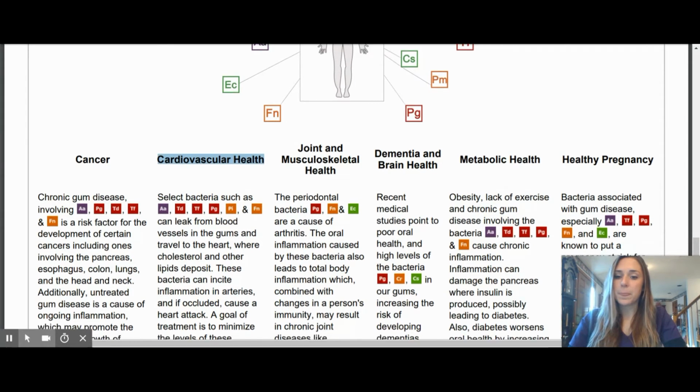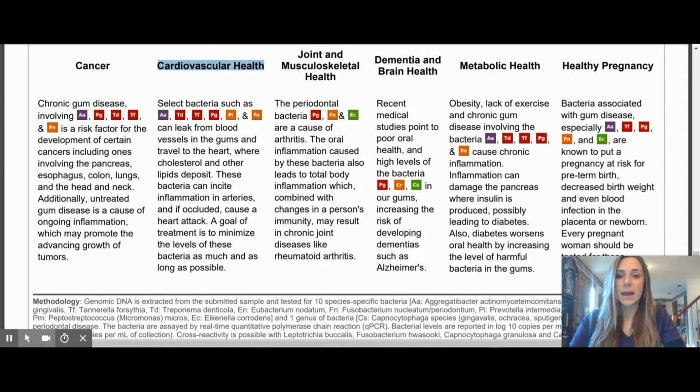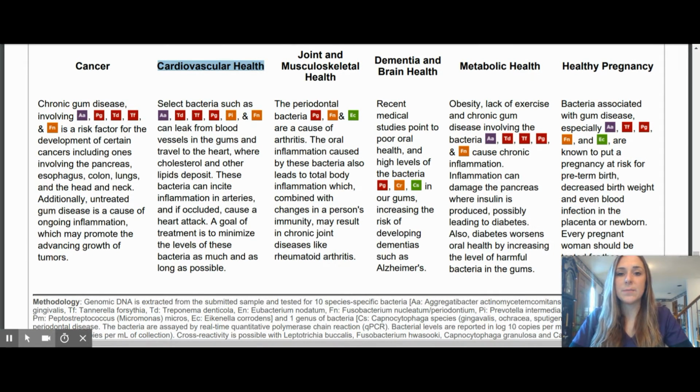And this summary states that these certain bacteria, AA, TD, TF, PG, PI, and FN, are responsible for a patient's cardiovascular health. It states that these bacteria can incite inflammation in arteries and, if occluded, cause a heart attack.